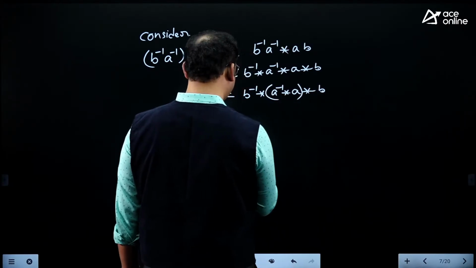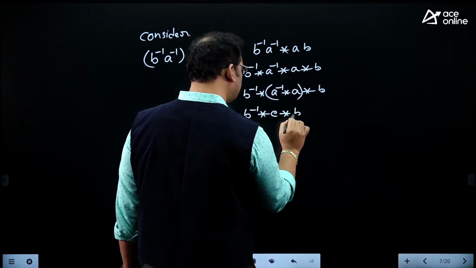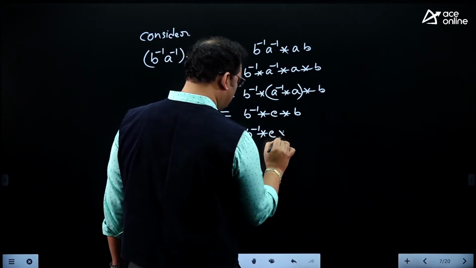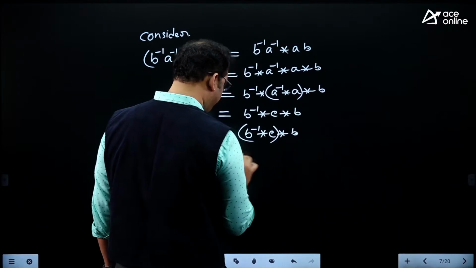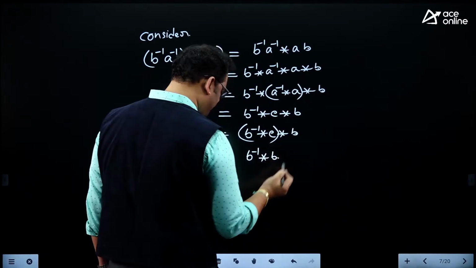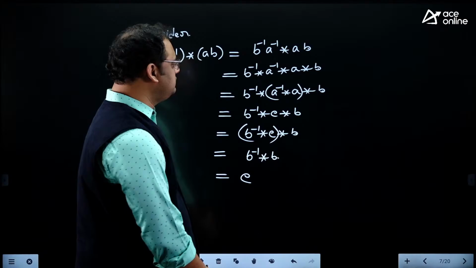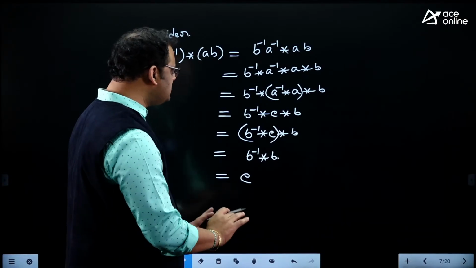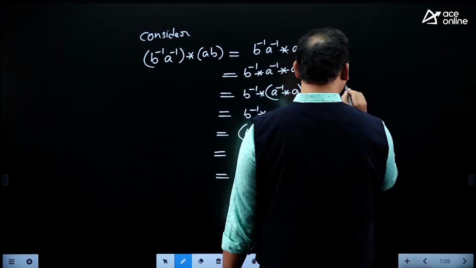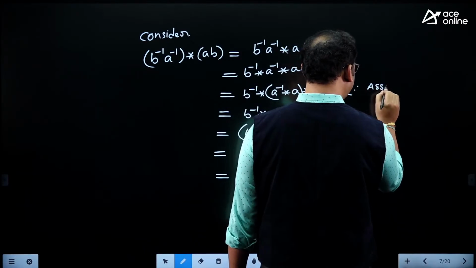Let us operate here. So B inverse, this is identity, star B, and B inverse, star E, star B, and this is nothing but B inverse star B, and B inverse star B is nothing but identity. Fine. I did it in similar fashion. I hope you got the idea. So the first step here happens because the given G is associative.